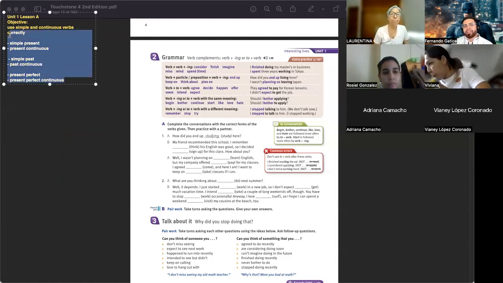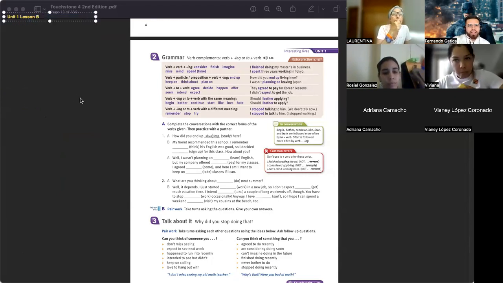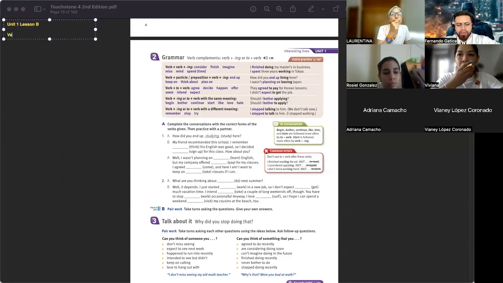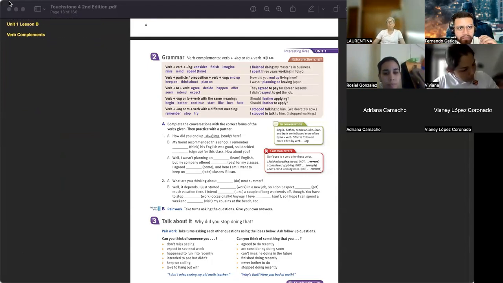We're gonna go to Unit 1, Lesson B. In this lesson, we were checking out some verb complements, you know, combinations of different verbs. But I think there are like 4 really important verbs that I need you to remember. No me salió. It didn't come out.